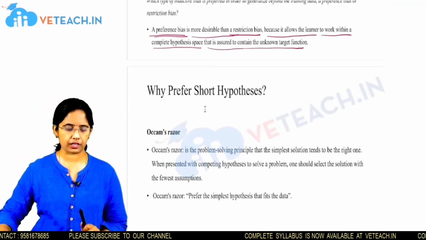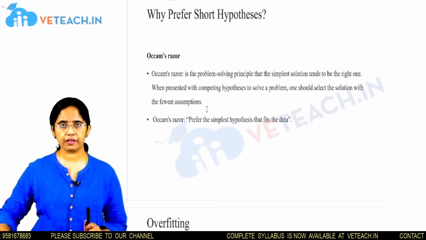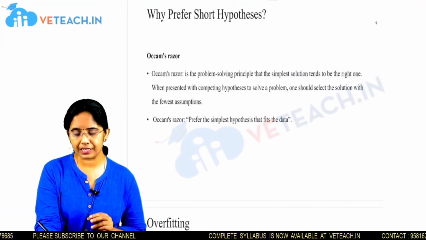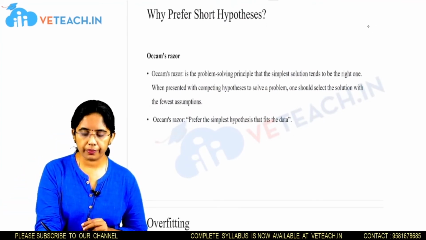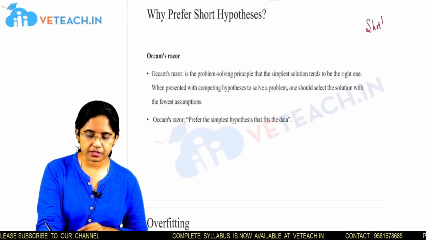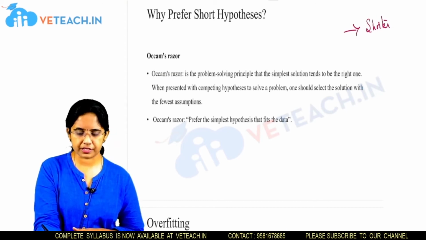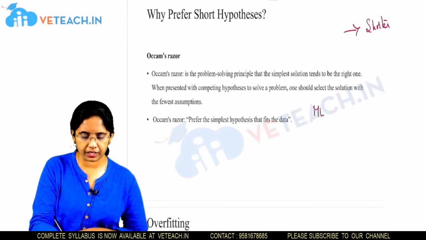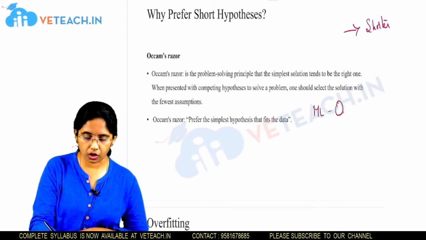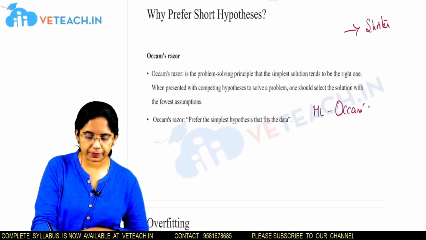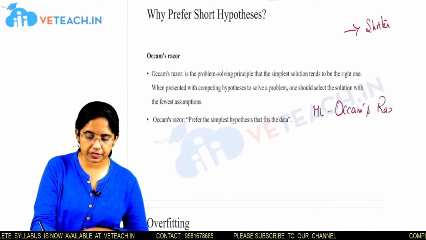And now why short hypothesis? One of the important inductive biases that we consider in ID3 is that it is always best to use shorter trees. This is the first assumption that we have considered. Why always shorter trees? Usually in machine learning, we use a principle called Occam's razor principle. So what is this Occam's razor principle?